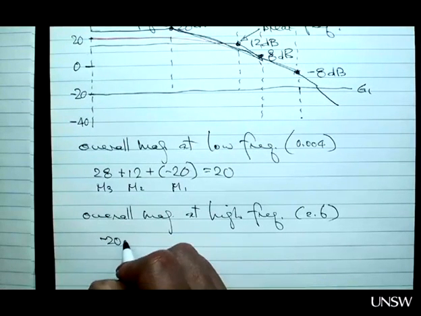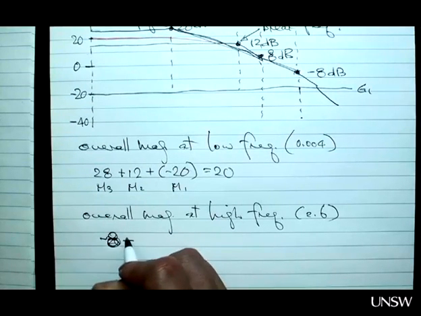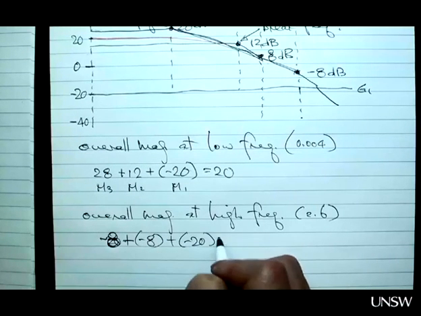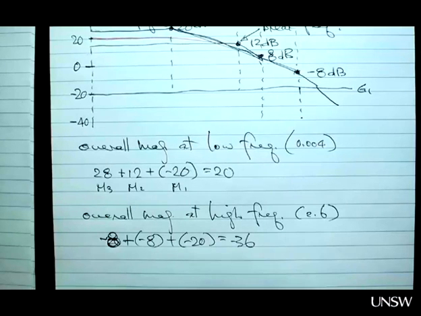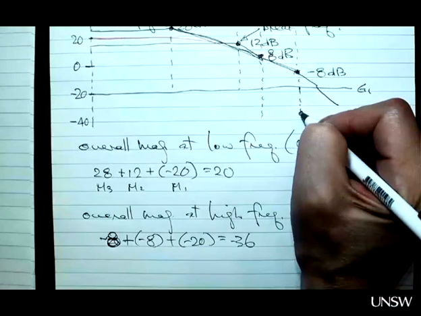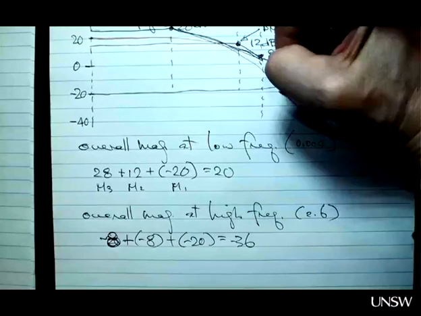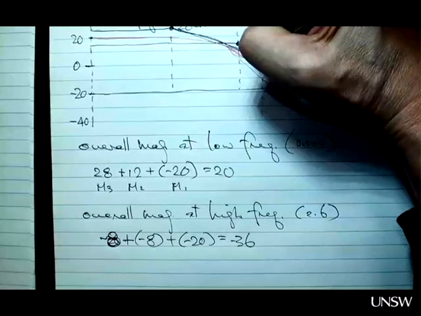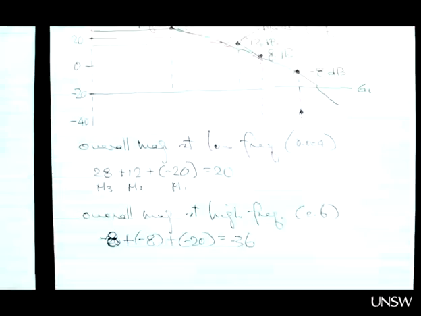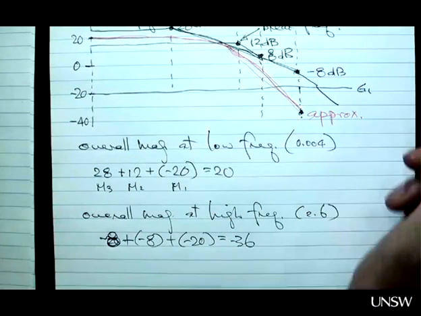It is minus 8 plus minus 8 plus minus 20. Okay, so it's minus 36. Minus 36 is somewhere here. So we have something. So it is the approximation. Approximate the magnitude.